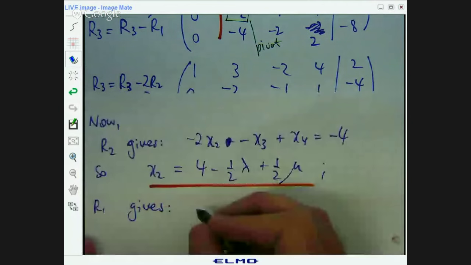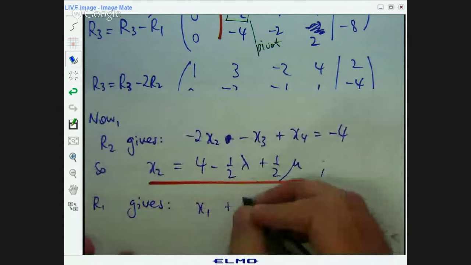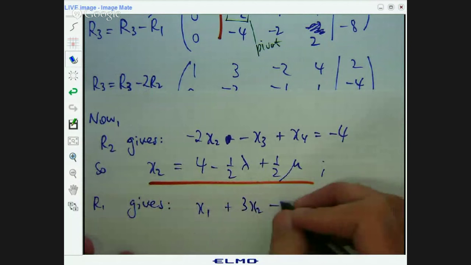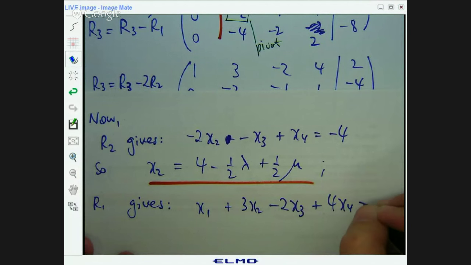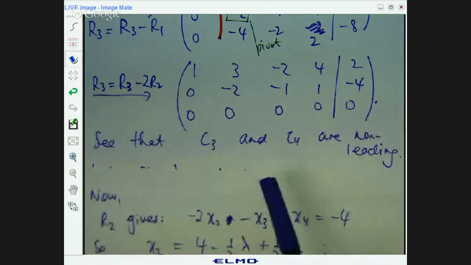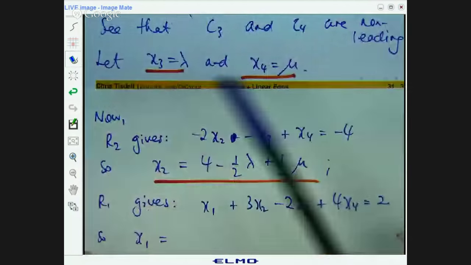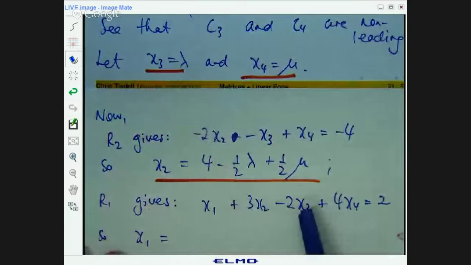So make x1 the subject and rearrange everything: replace x3 with lambda, replace x4 with mu, replace x2 with this, and make x1 the subject.